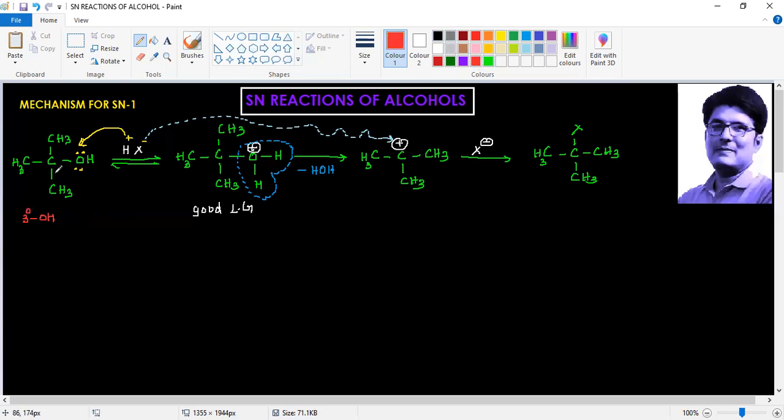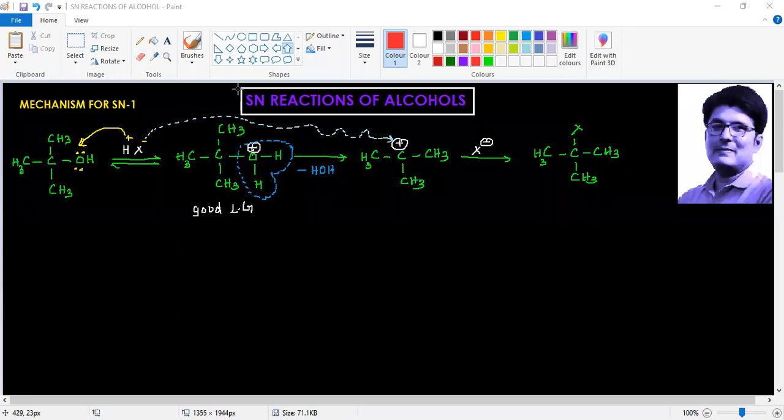So this is the conversion of alcohols. As I said, it belongs to an alcohol, ROH. We converted the alcohols into alkyl halides, so this type of mechanism helps for such conversions.